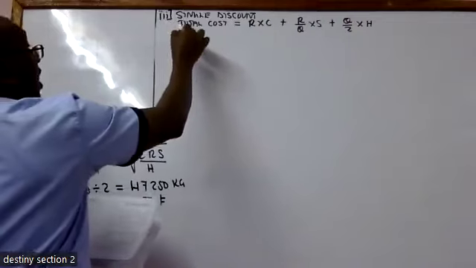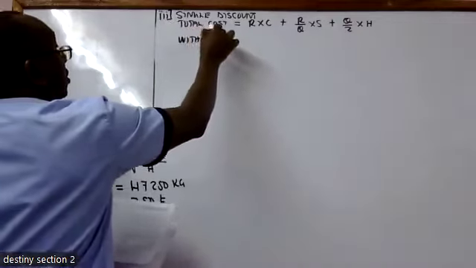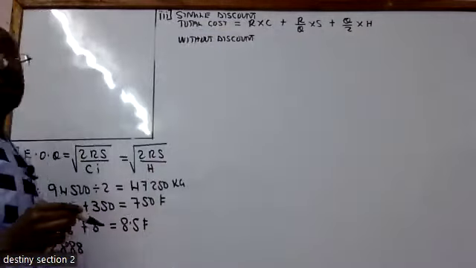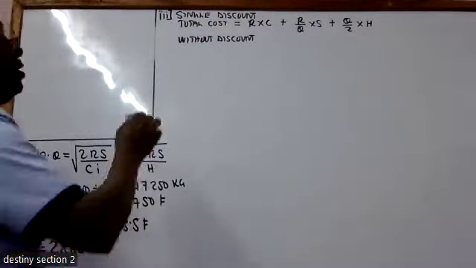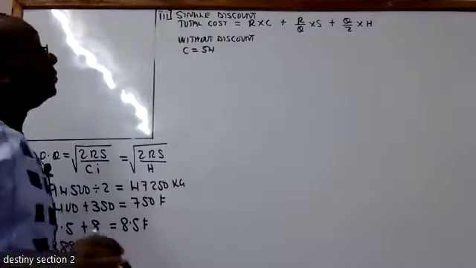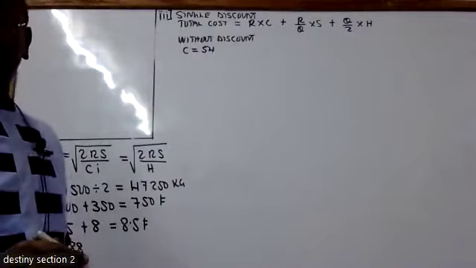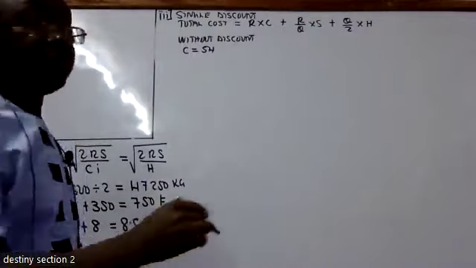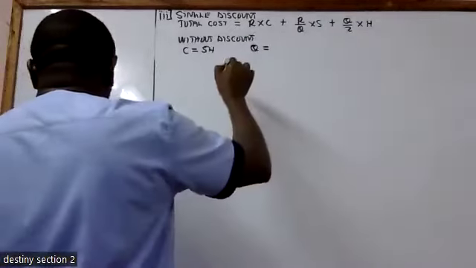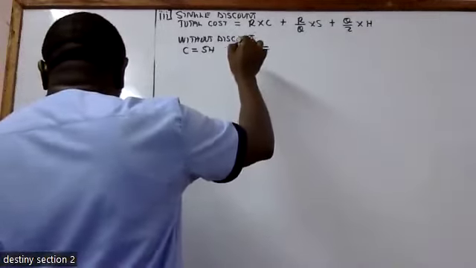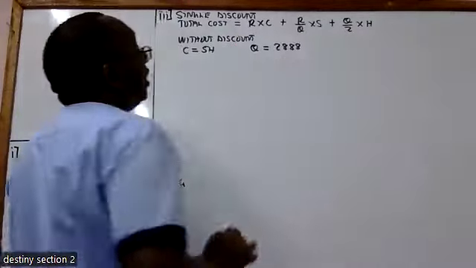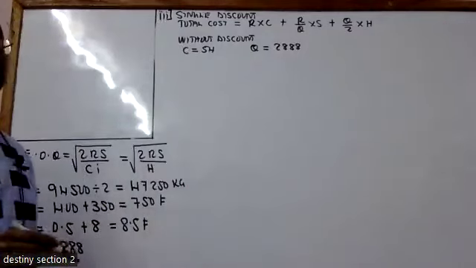Now, without discount, our C is 54, and our Q is this one that we had.